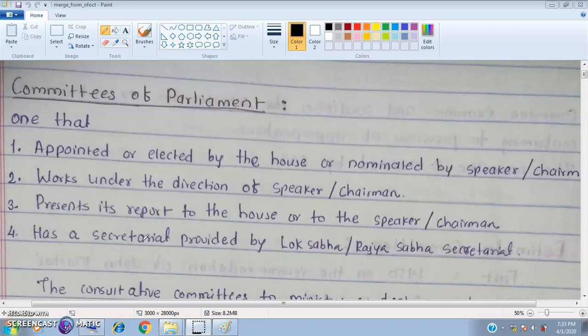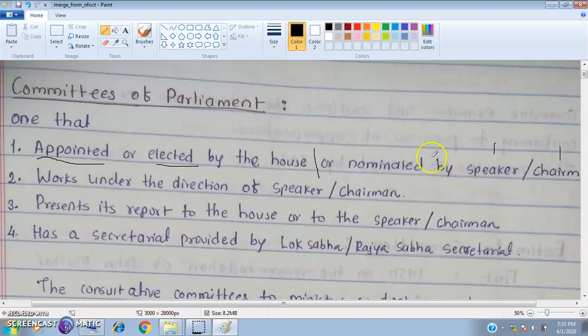There are 4 conditions. The first being, for a committee to be called a committee of Parliament, it has to be appointed or elected by the House, or the members of the committee have to be nominated by either the Speaker of Lok Sabha or the Chairman of Rajya Sabha.